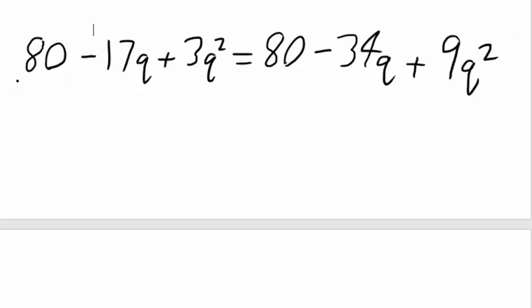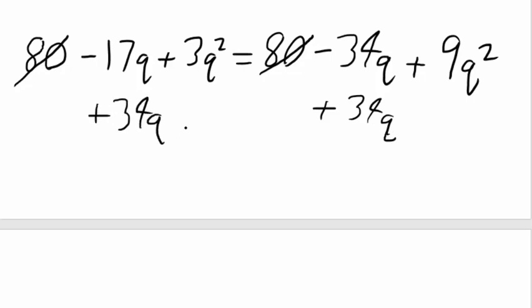Right off the bat, the 80s on both sides cancel each other out. We can add 34Q to both sides, as well as subtract 3Q squared from both sides.